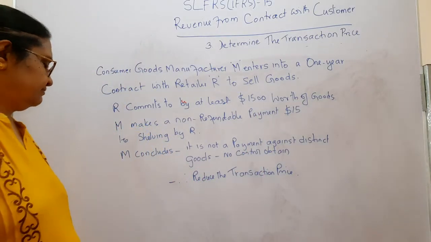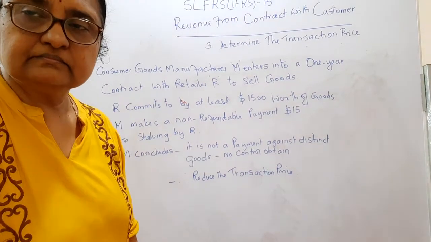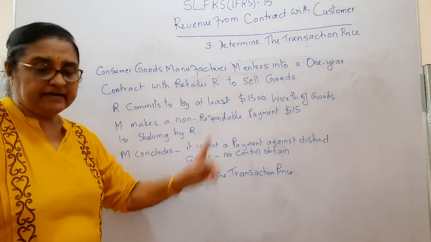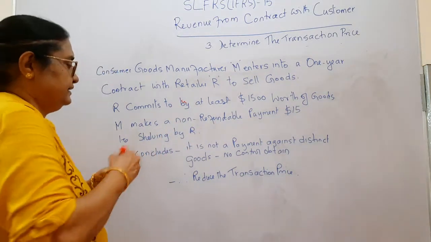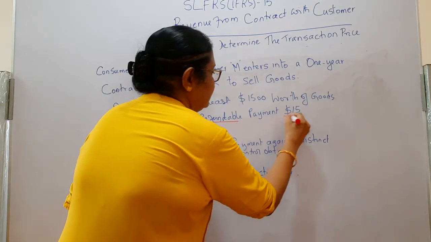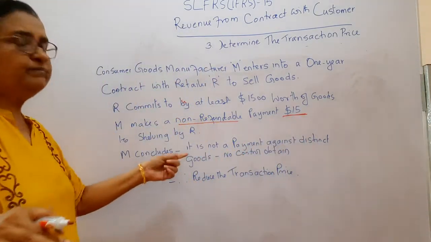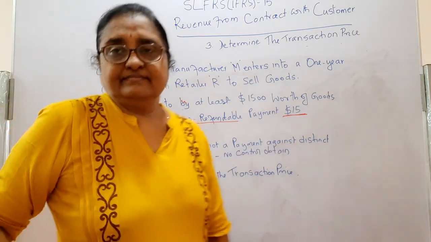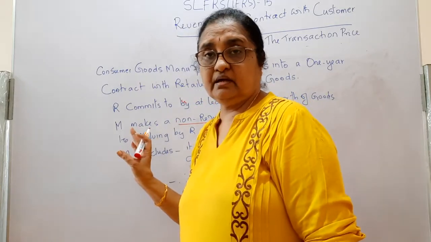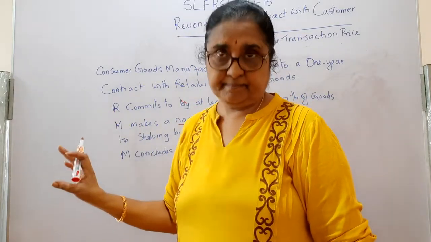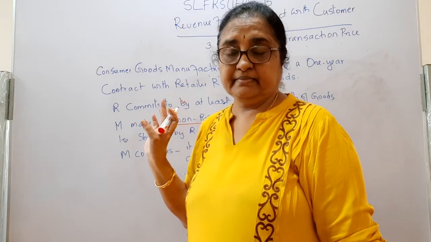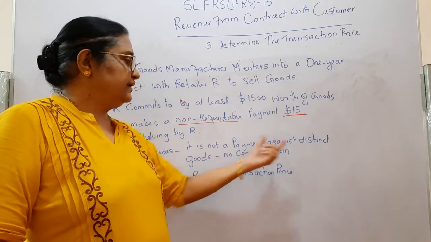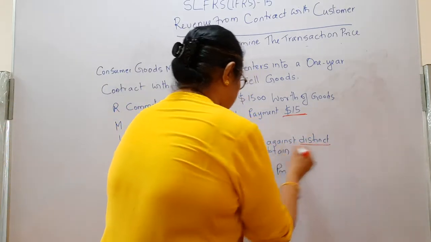So what happens? The manufacturer M also makes a non-refundable payment. He is giving $15 to the retailer to improve his shelving, to place his goods. But the shelving is not controlled by M. It's controlled by R. That means M decides, okay, this is not a payment against distinct goods or services because I am not getting the control.